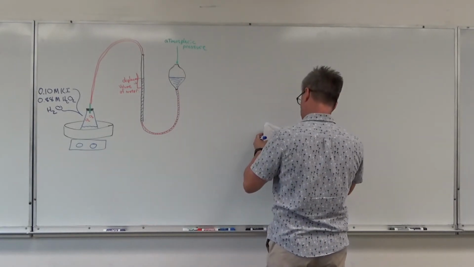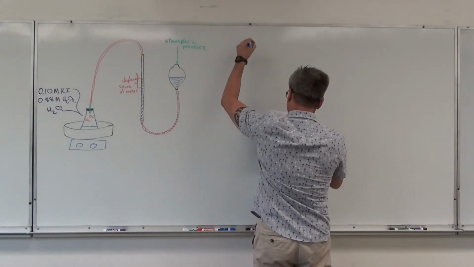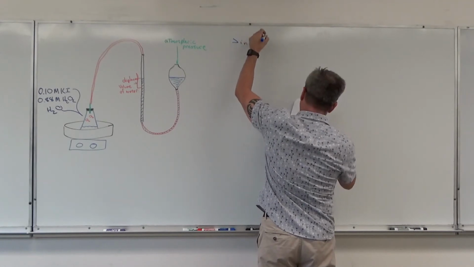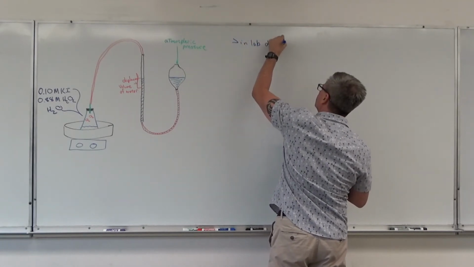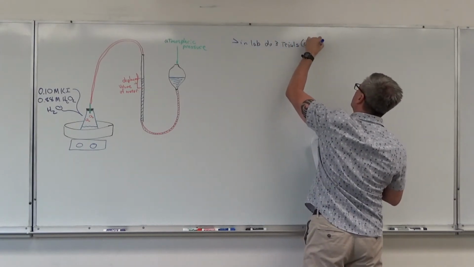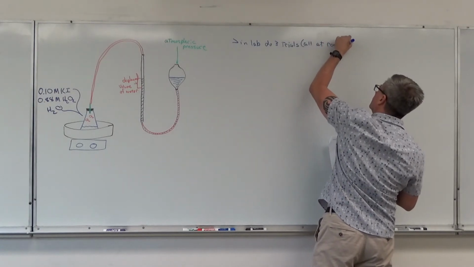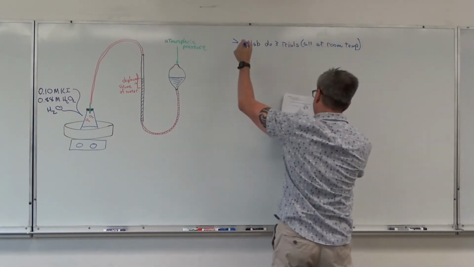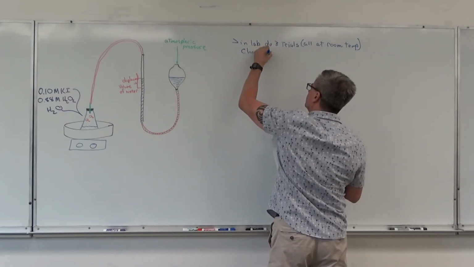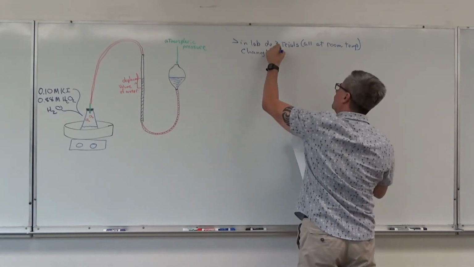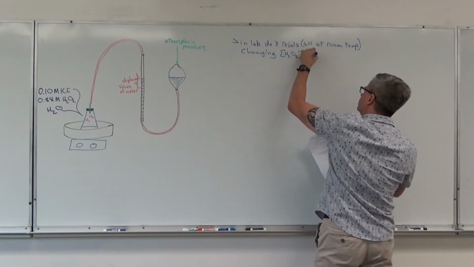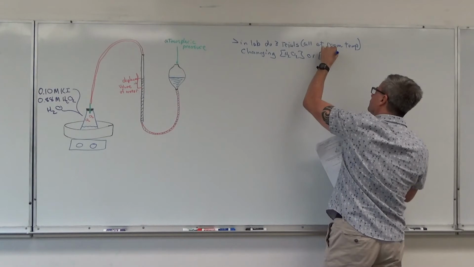In the lab, we do 3 trials, all at room temp, changing hydrogen peroxide concentration, or potassium iodide concentration.